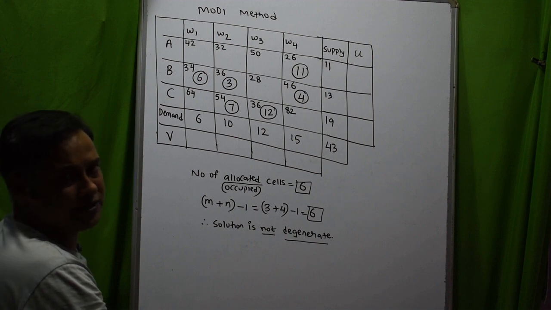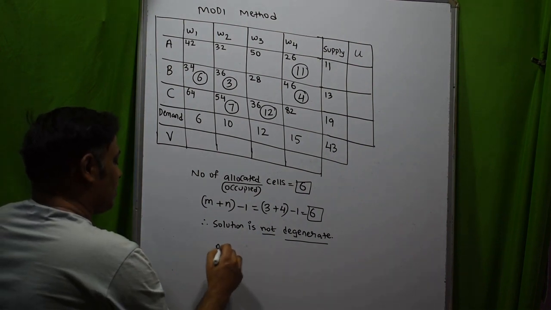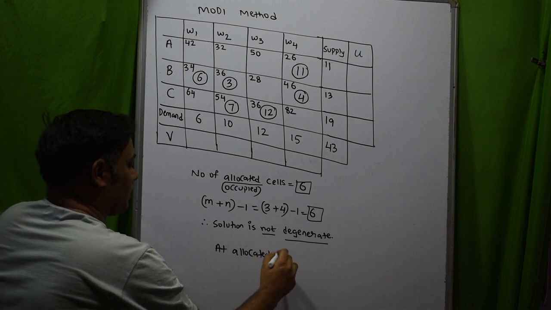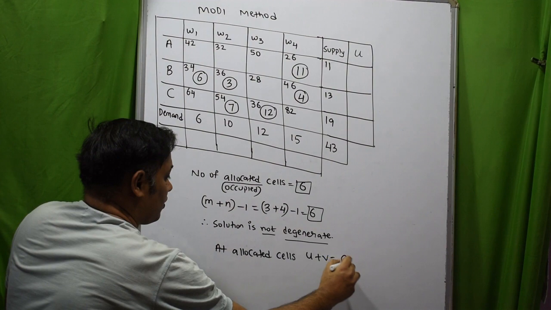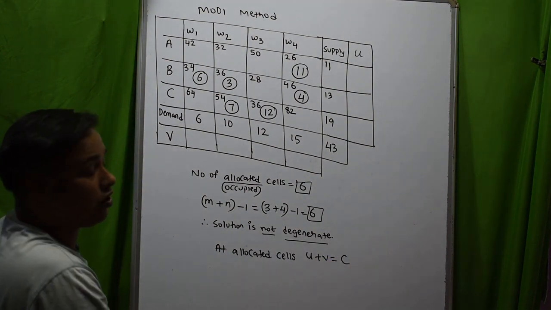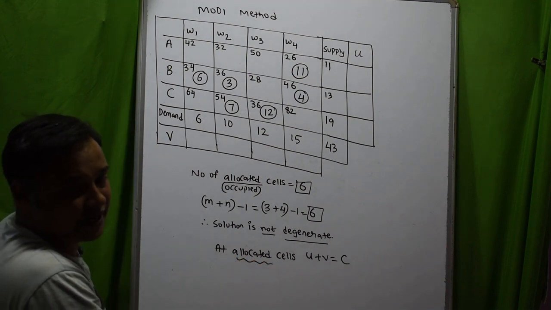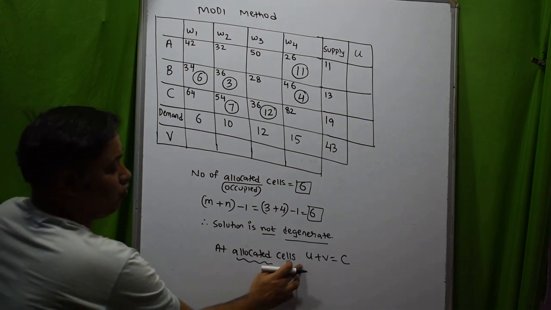And there is one basic condition that will be satisfied by this u and v, that u plus v will always be equal to the cost at only the allocated cells. Means at allocated cells the cost will be equal to u plus v.